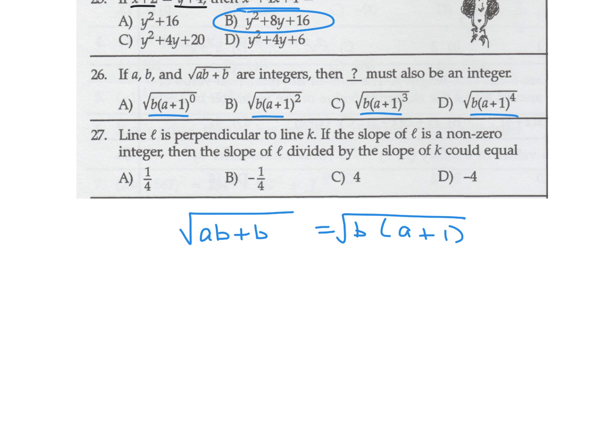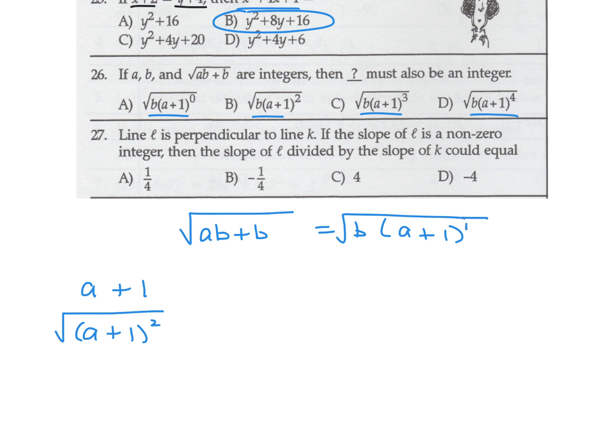And then something else has to be an integer. Well, if a is an integer, then a plus 1 will be an integer, correct? So that means that if you have a plus 1 squared, that will be an integer. And then if you put it under the square root sign, that should also be an integer. The reason I did that is because none of these answer choices are to the power of 1.